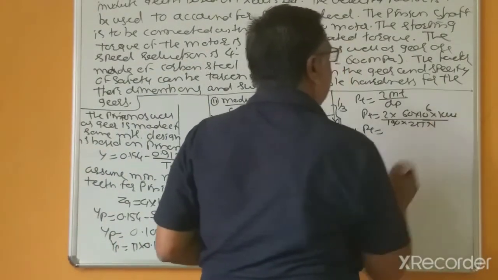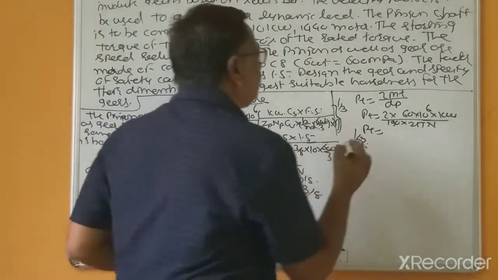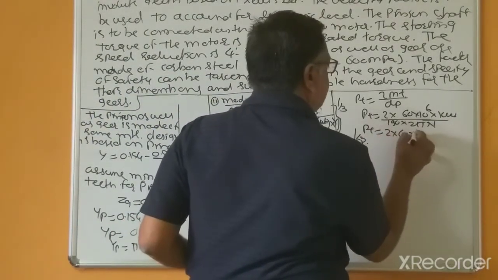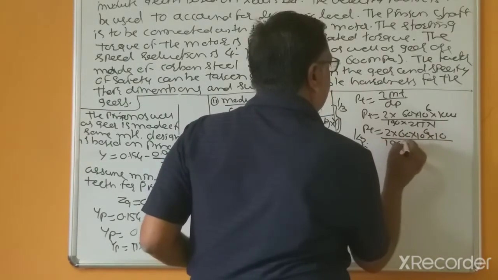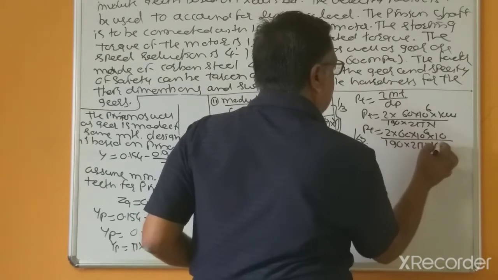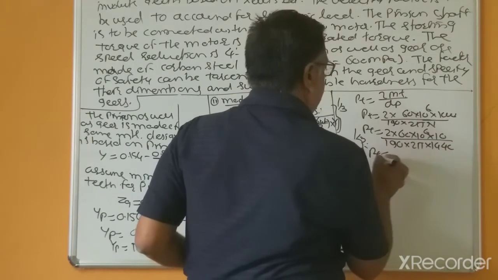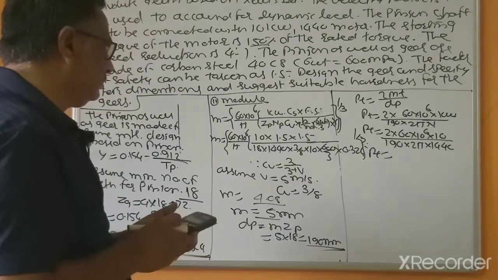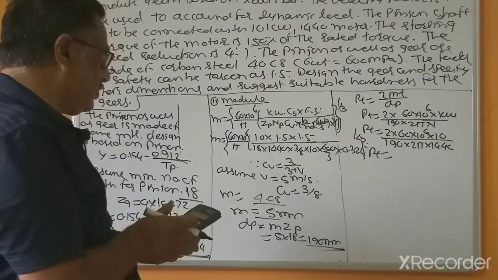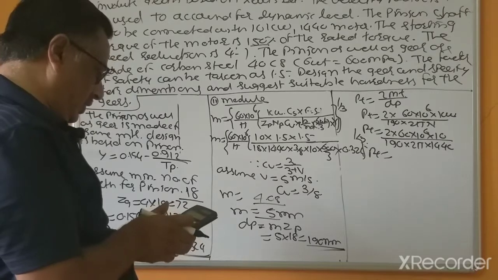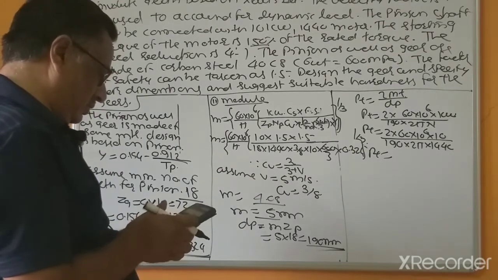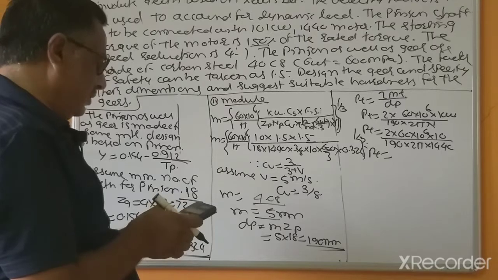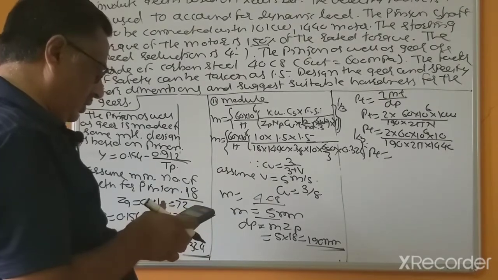Now putting 2 into 60 into 10 to the power 6 multiplied by 10, and this is RPMs 1440. PT equal to 2 into 60 into 10 to the power 6 multiplied by 10 divided by 90 divided by 2 divided by pi divided by 1440.